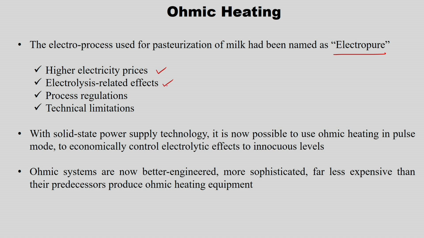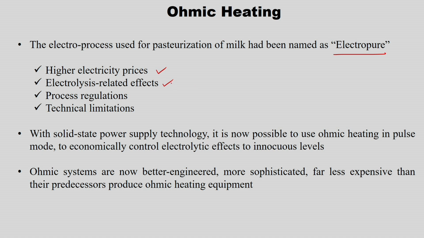Electrolysis, in the sense, means the electrodes get corroded and the material comes into the food, and sometimes due to electrical heating, some of the components of the food material also get denatured, because when you are using the food in the presence of electrodes, there may be corrosion in the electrodes and the corroded material can get into food, or otherwise due to the electrolytic reaction some of the food fragments also get denatured, right.